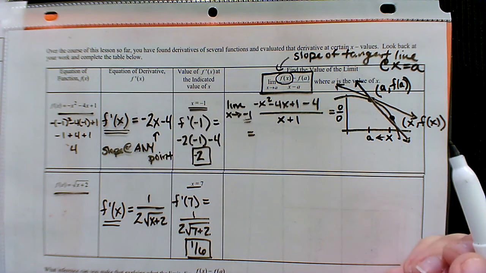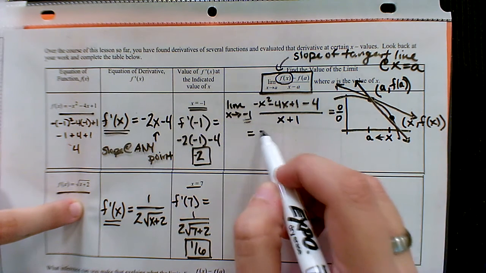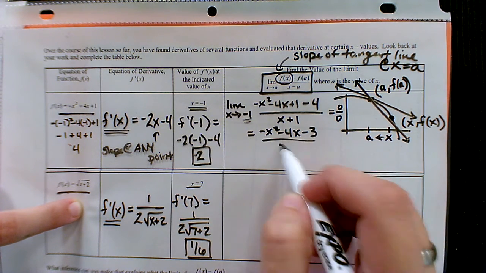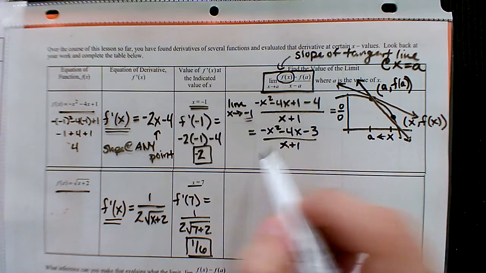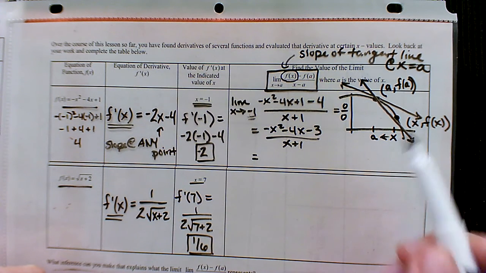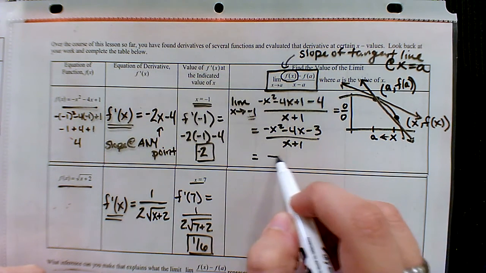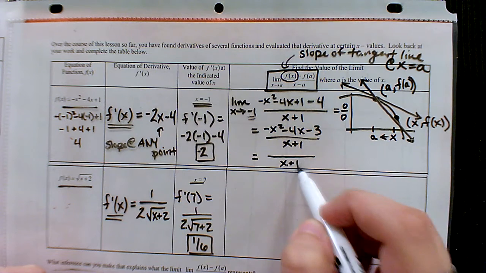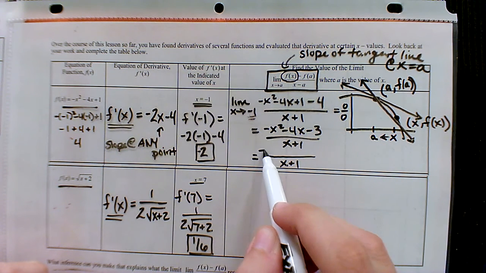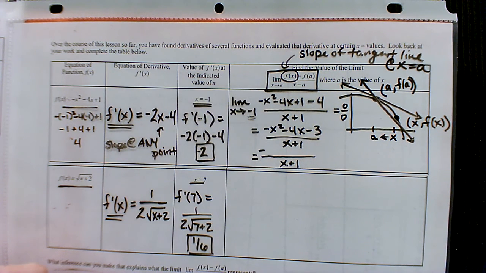Yeah. So we can combine like terms at the top because +1 and -4 are like terms. -3, perfect. And using that, since it's a quadratic, we can factor it. So let's try to factor. Notice how the x squared, though, is negative. So we'll pull that negative out.